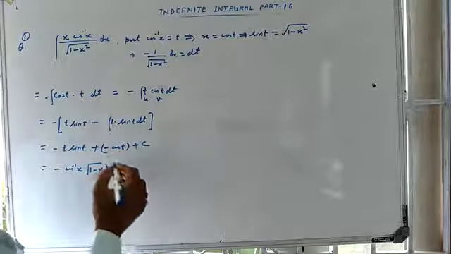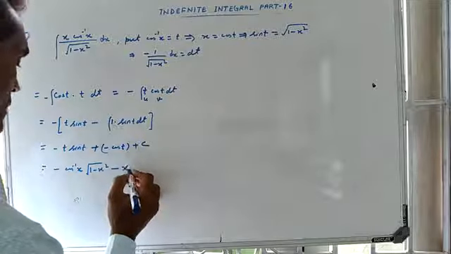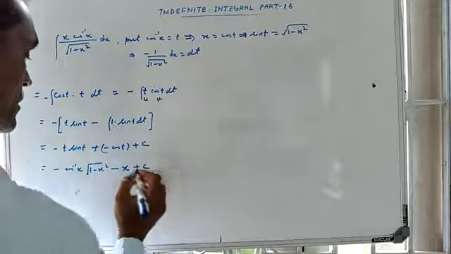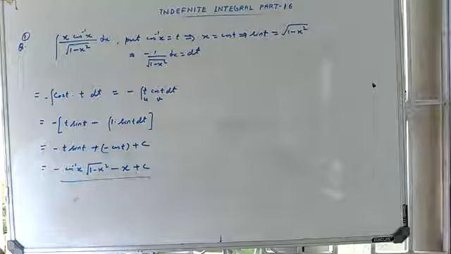Cos t is x, so it will be minus x plus c. So this is the answer of this question.